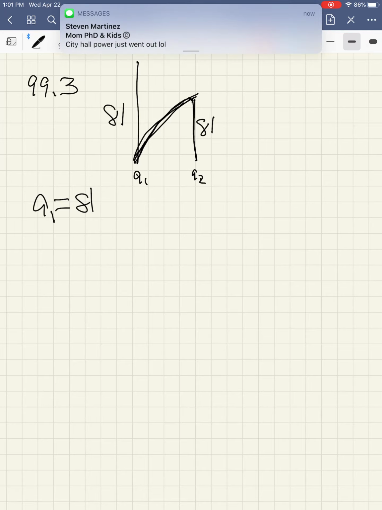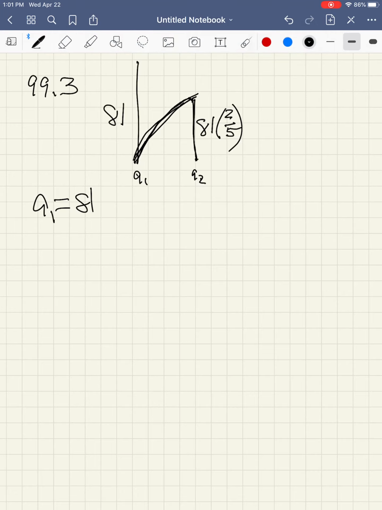And this will be 81 times 2/5. So then if we went over here to the next one, the second bounce is the same as the third fall. So this would be 81 times 2/5 times 2/5 again, or 2/5 to the second, right?